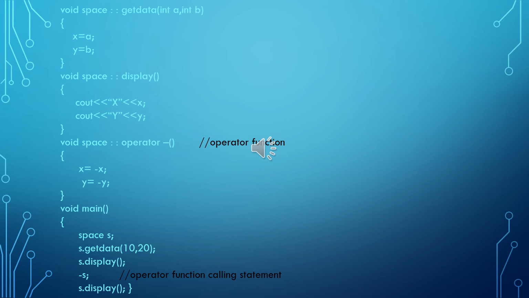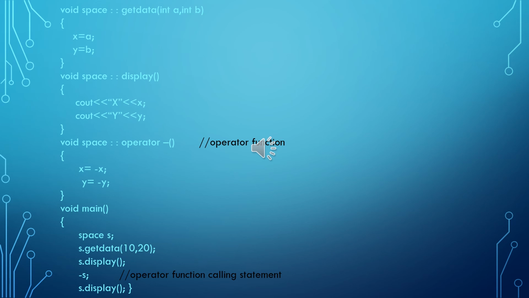Here we are going to note that we have just specified the operator being overloaded and the object. Yes, it is the method for calling operator function, and when the operator function is called, the control goes to the operator function, and x and y values are now assigned with the negatives of 10 and 20.